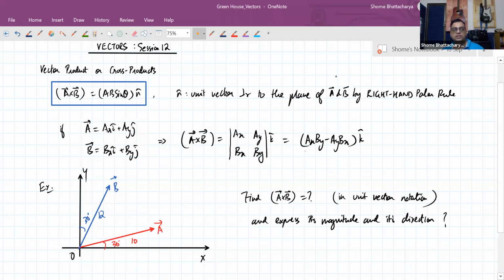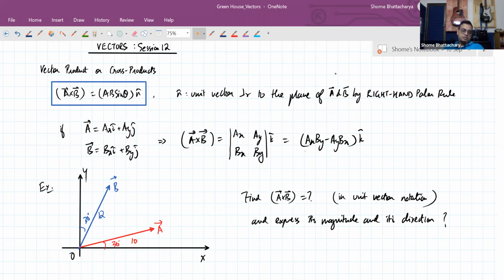Diti, 60 is what basically the... Acha, you're giving the magnitude of A cross B. Yes, that's correct. But what about the direction then, Diti?